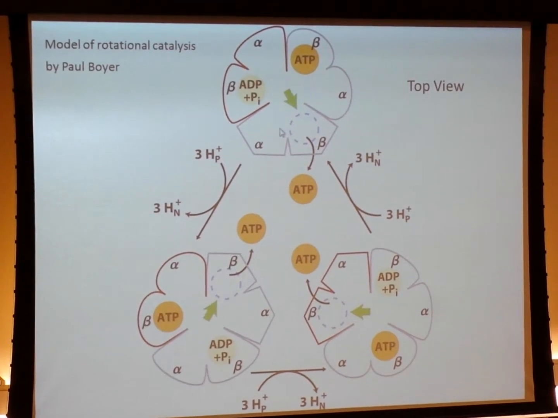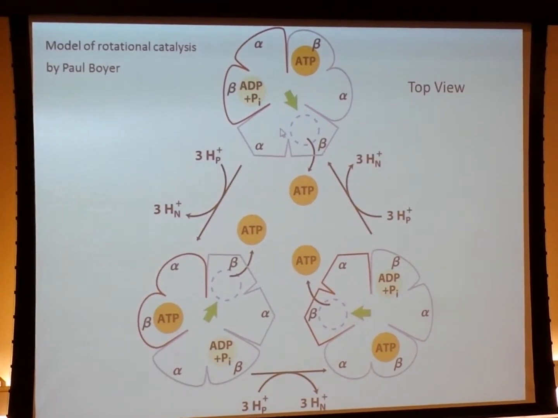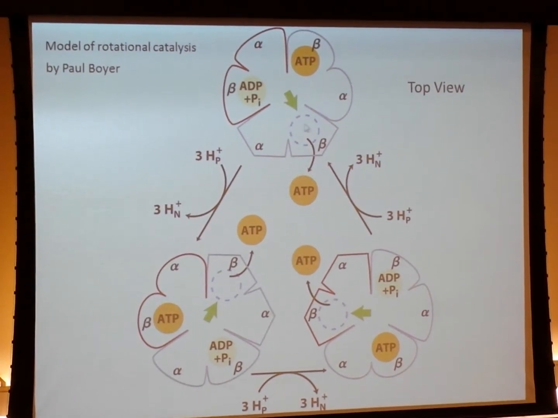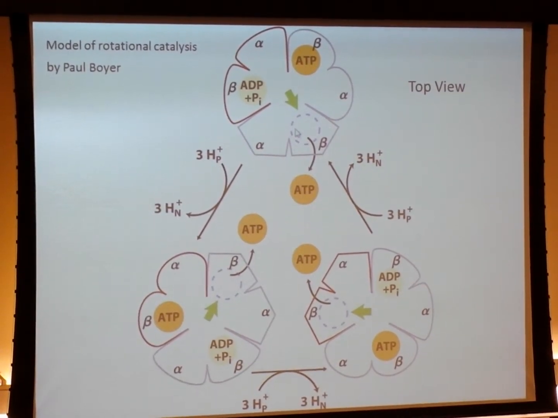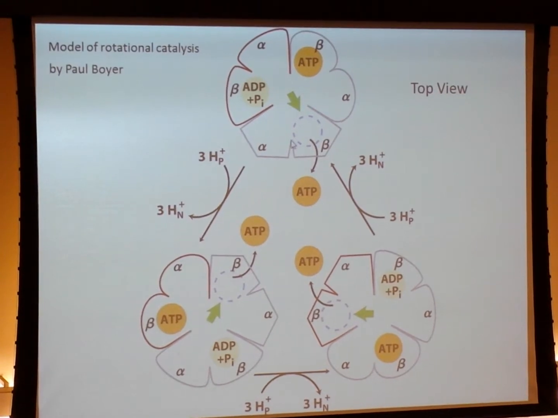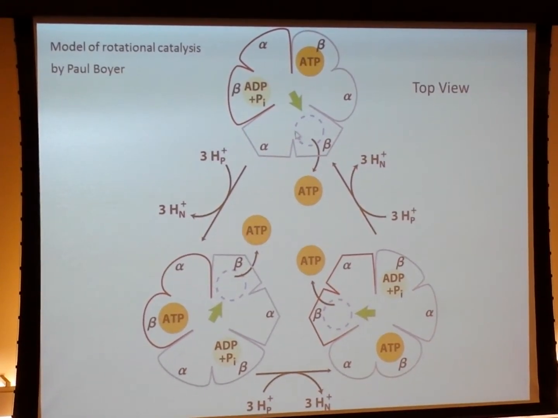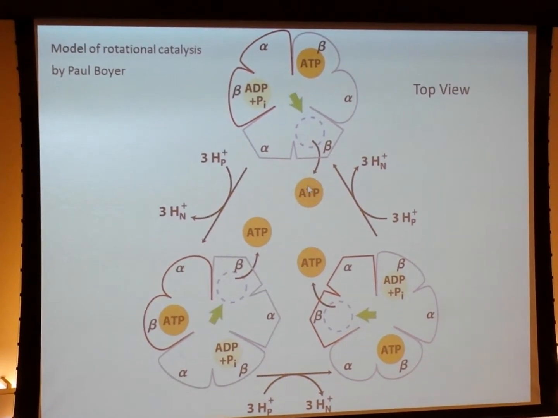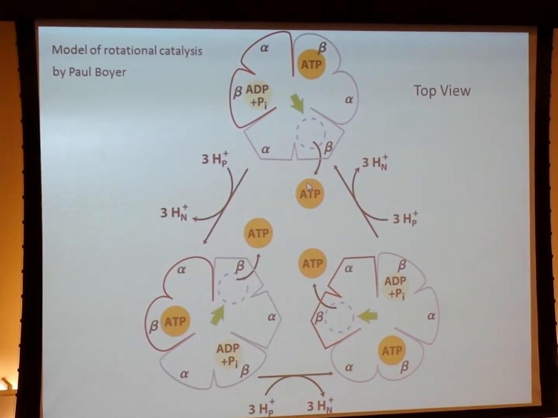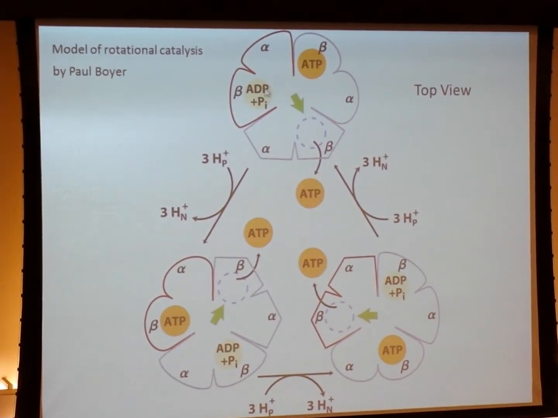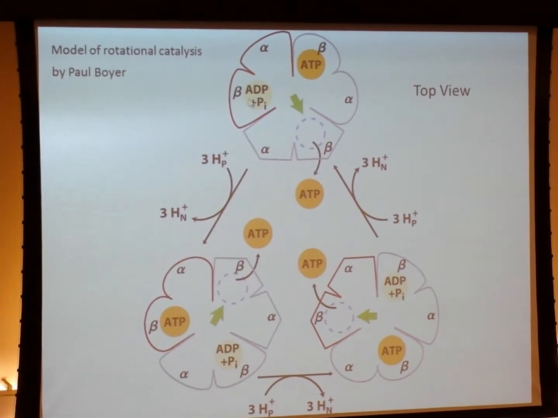And this apparently works in a sequence. So here, this is empty. The alpha and beta sites, again, the catalysis is occurring at the crevice in between. But this site here is now empty. Why? Because it just lost an ATP. Over here, an ATP is firmly bound. And over here, ADP and inorganic phosphate have just come in.